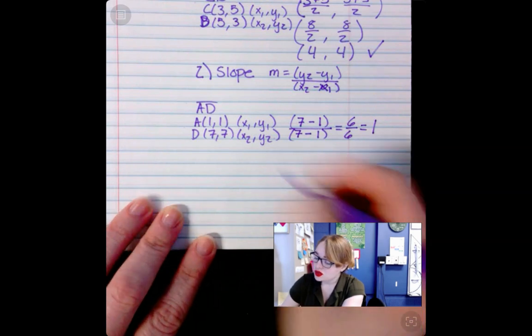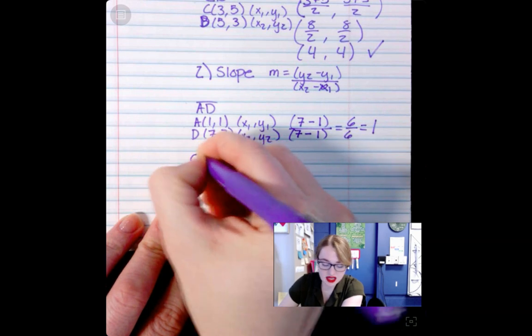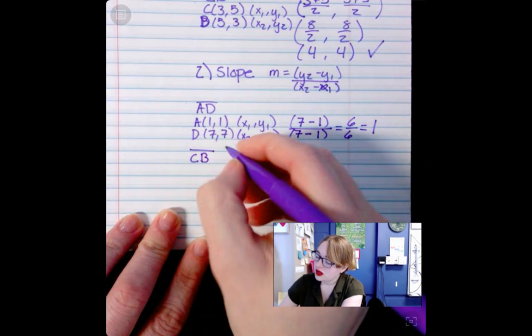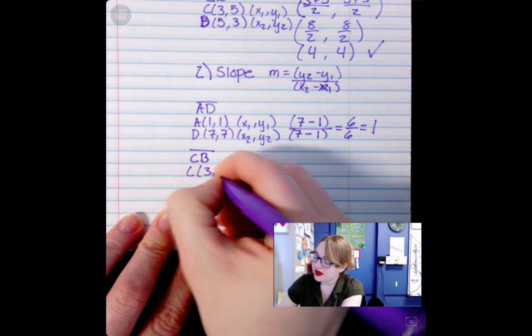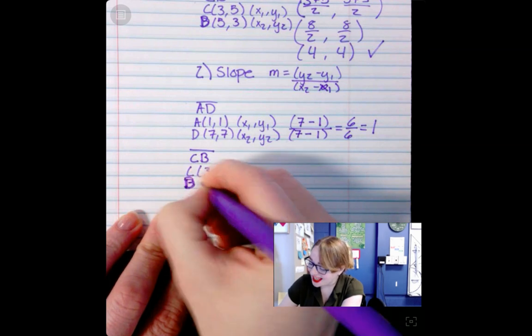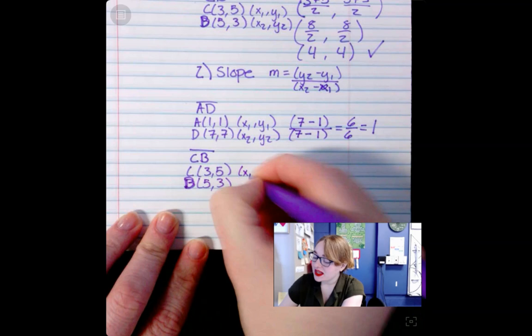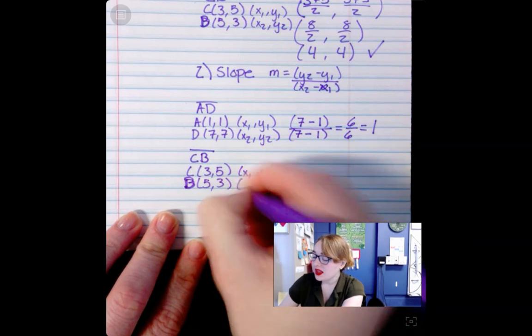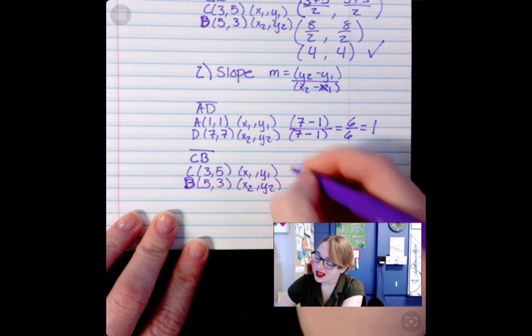Okay, so let's now check the slope of CB here. So C is at (3, 5) and B is at (5, 3). So I'm going to pick C once again to be my x1, y1 and B to be my x2, y2. And we're plugging it in.